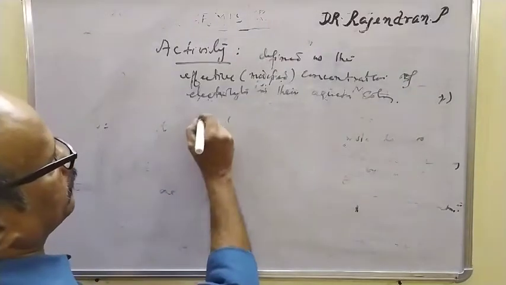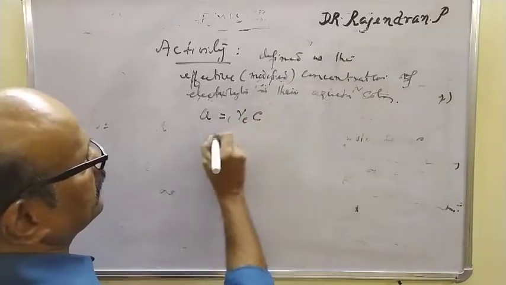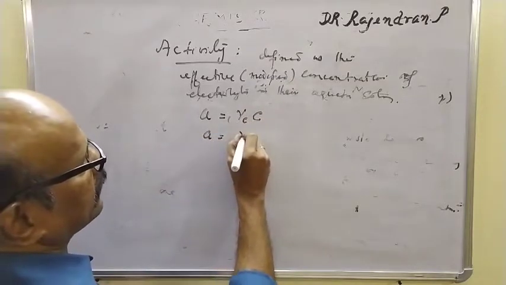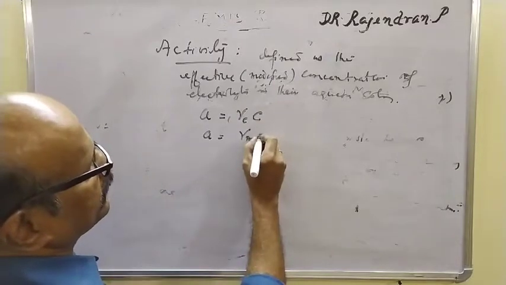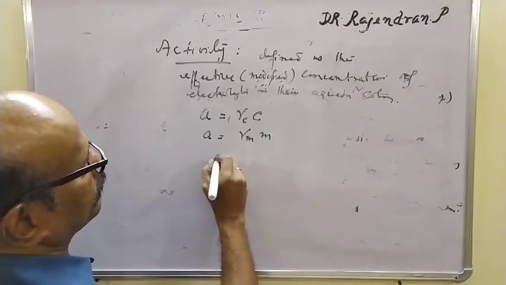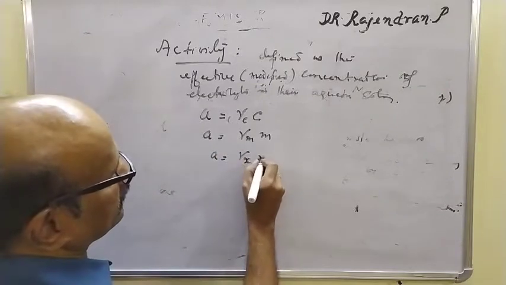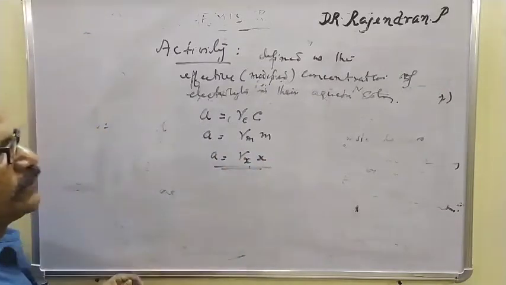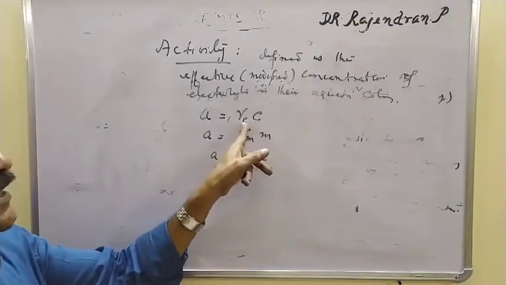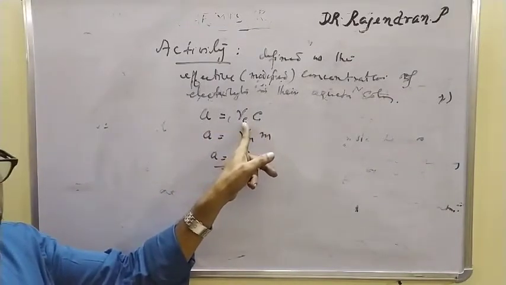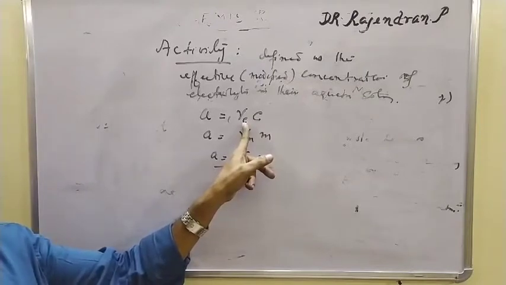So activity can be expressed as activity is equal to gamma C into C, or gamma M into M, or gamma X into X. So this is activity in terms of concentration, and this is the molar activity coefficient.